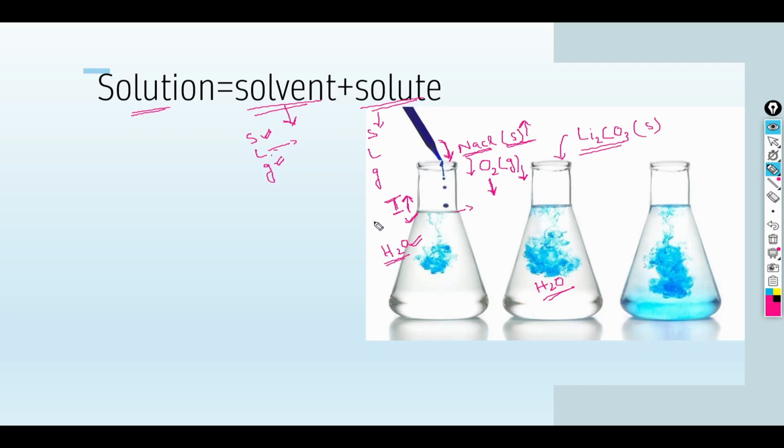According to the theory that we have done now, if we increase the temperature, a solid solute should dissolve more in water, but this is not dissolving more if you increase the temperature. The solubility of lithium carbonate will decrease. So keep this in mind. There are a few exceptions to it also. Same way, there will be an exception for the gaseous solute also.